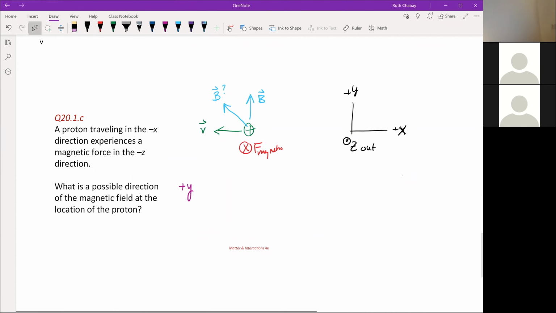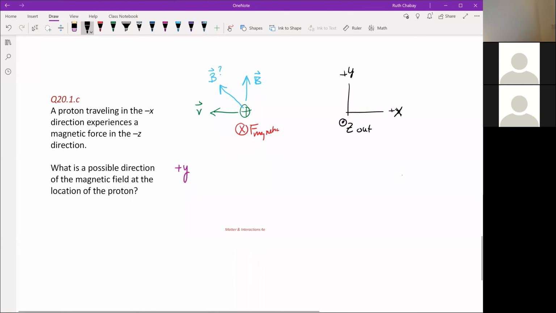So how did I do that? The idea is that the right-hand rule, so we want to evaluate the force, which is QV cross B. This is the same old right-hand rule we use for every vector cross product, where you point your fingers, using your right hand, in the direction of whatever the first vector in the cross product is. We'll call it vector 1.